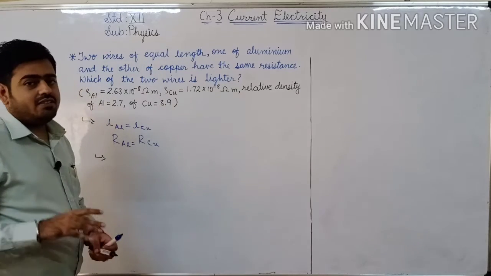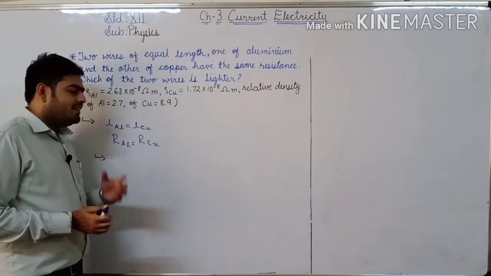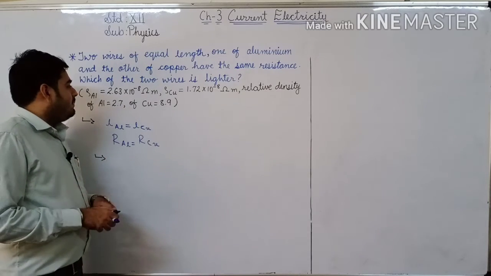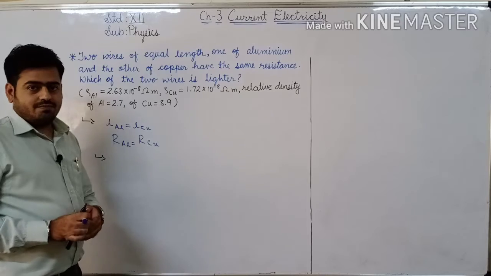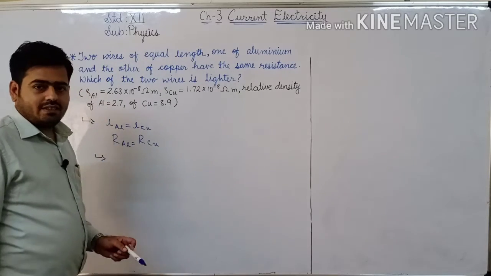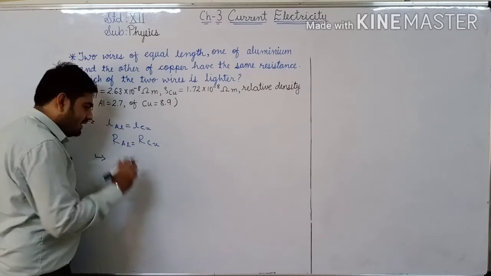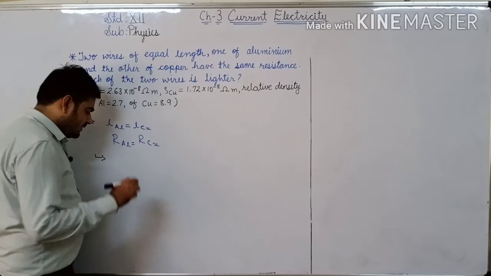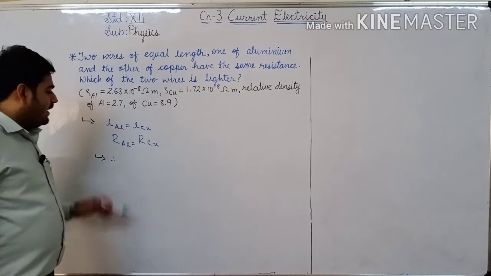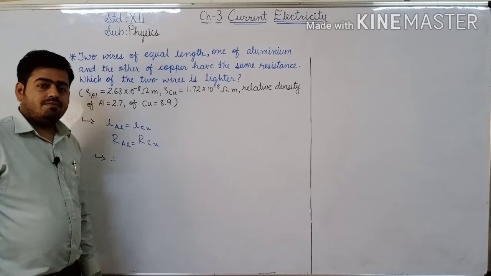चलो, रेजिस्टेंस और लेंथ की वैल्यू दी हुई है और इस पे से हमको मास फाइंड करना है, तो हमें कंपेयर करना है किसका मास ज़्यादा होगा. So first of all let us apply the formula of resistance. R Al is equal to R Cu, that is given to us. Therefore we can write, what is the formula of resistance?